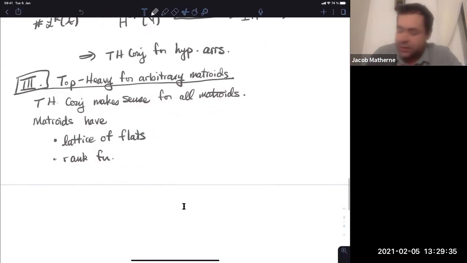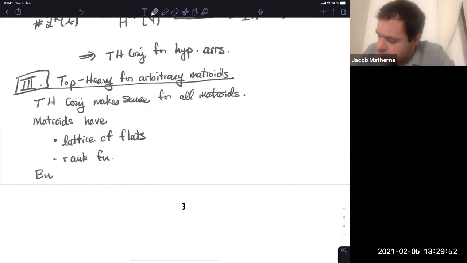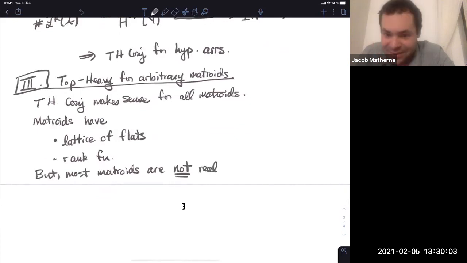But what I do want to explain is the difference between, so I just gave a proof for hyperplane arrangements, which could be called realizable matroids. I want to tell you how big the gap is between realizable matroids and all matroids. Most matroids are not realizable, even though the definition is very much inspired by, it just axiomatizes what happens for hyperplane arrangements.